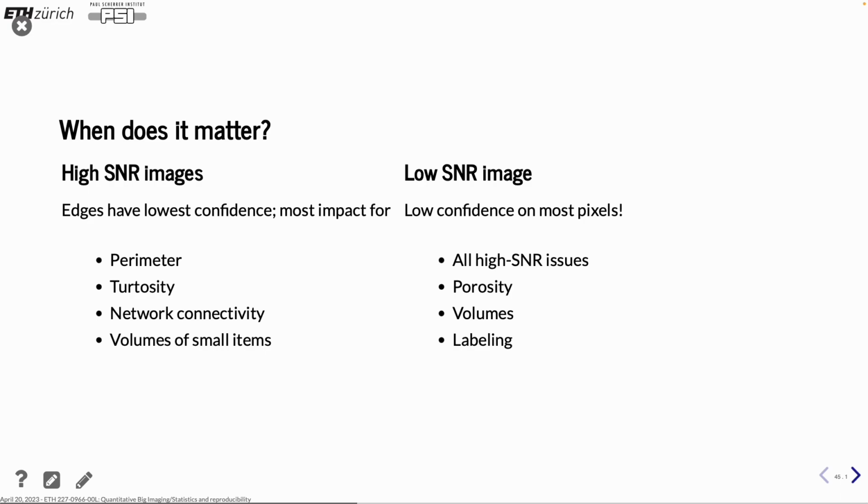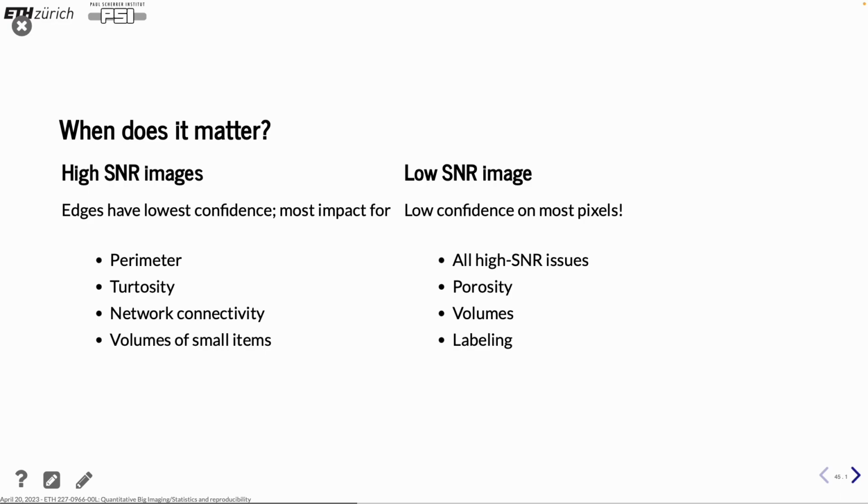Also for network connectivity, because what's happening if you have, for example, a porous sample, and you have grains that are touching or not touching, then if they're touching, then you close the path, and then you change your network connectivity. Same for the tortuosity. You could have a straight line, but it's closed, and you have to take a different line, so it also has an impact on that.